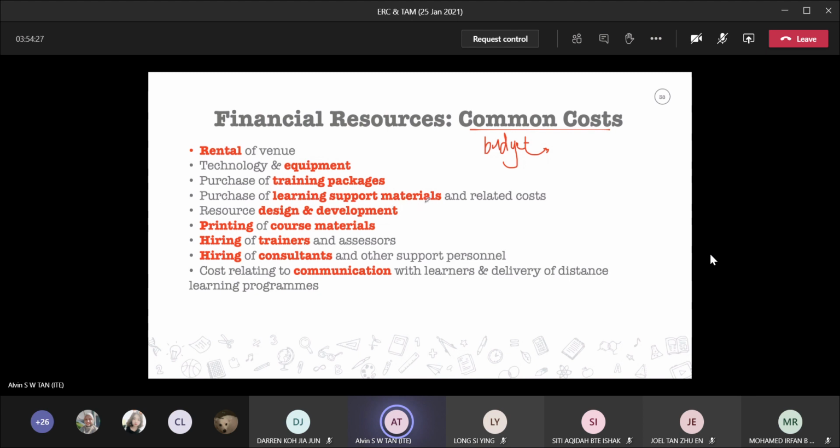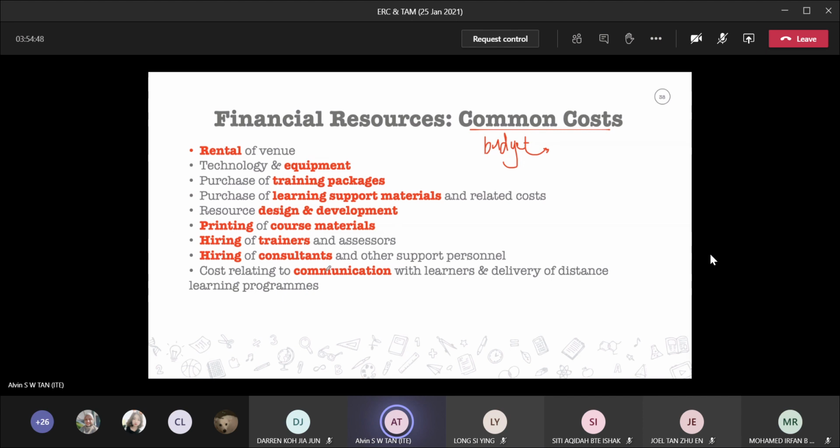Do you need to purchase any support material? Do you need to find somebody to develop the course and pay them? What about printing? You cannot be free, right? Paper costs money, toner costs money. Hiring a trainer, definitely. What about consultant?